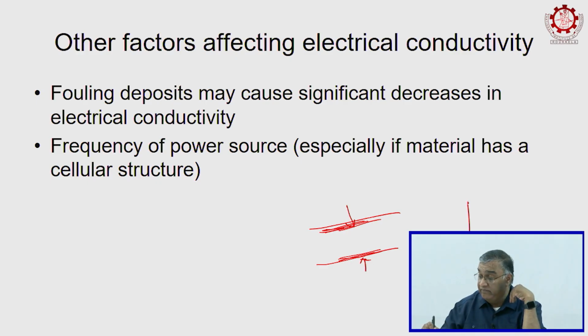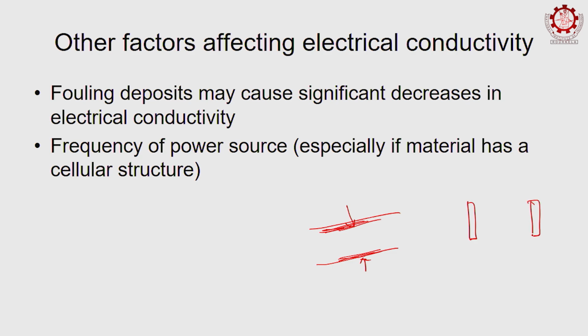The same way, when you have an ohmic heater, an electrical resistance heater, with usage you're going to start forming fouling, and that's going to decrease the efficiency of your electrical resistance heating. That means it's not going to pass the electricity properly, so you have to pay attention to that.